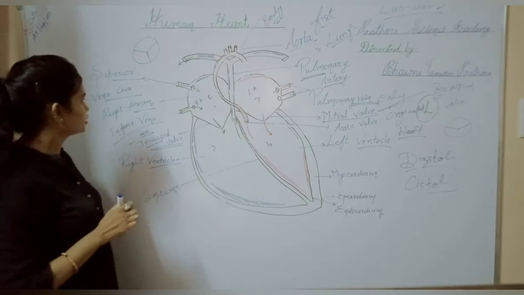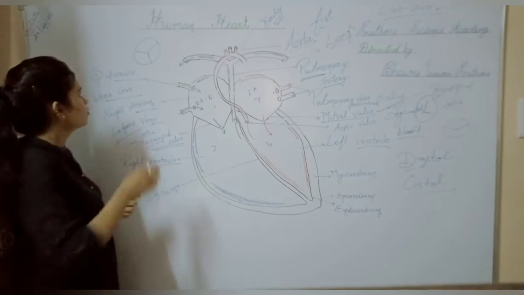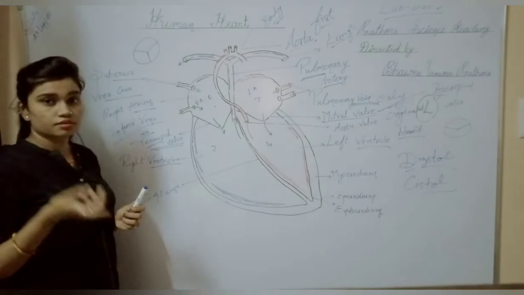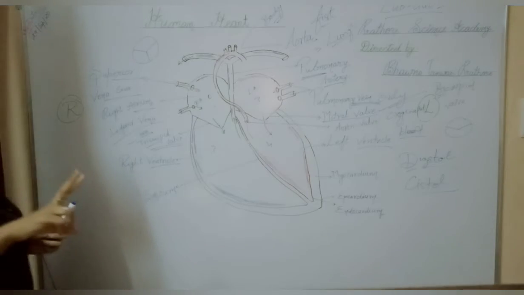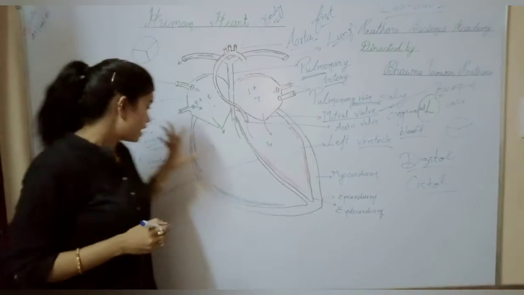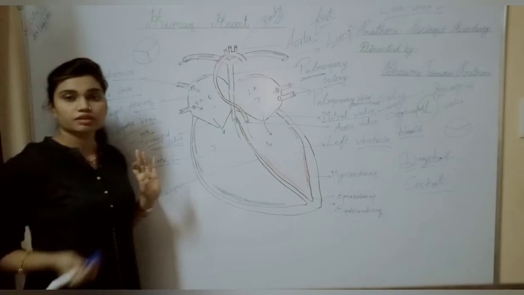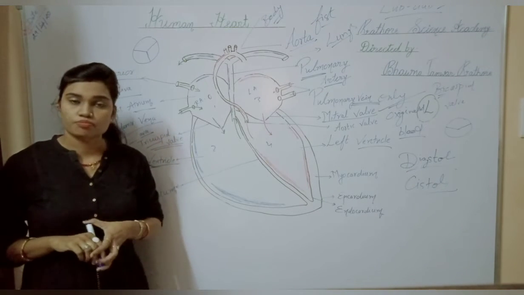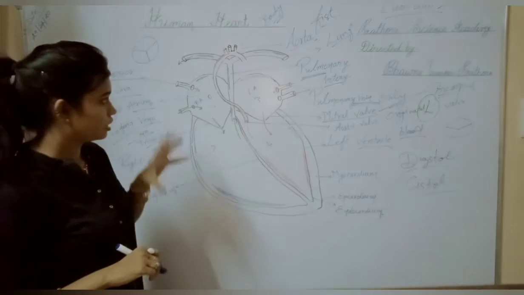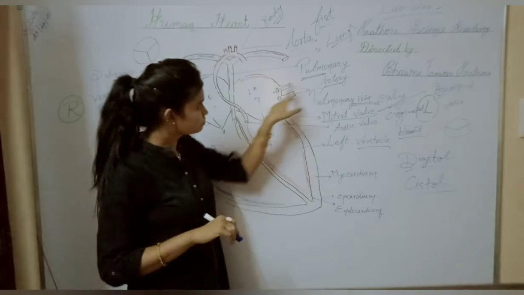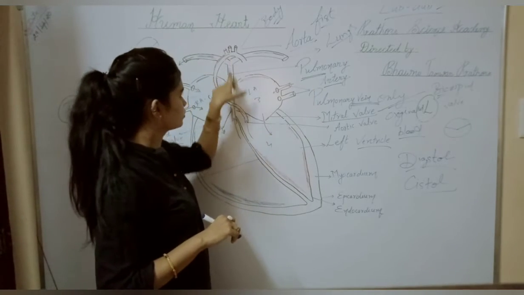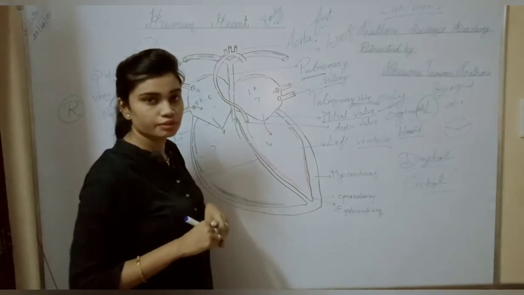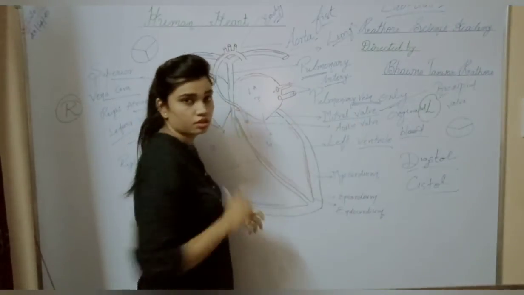Superior vena cava, that means upside, carries the deoxygenated blood from the brain, and the inferior vena cava brings the deoxygenated blood from the lower part of the body. You have to remember the names of the aorta and the pulmonary artery and vein.